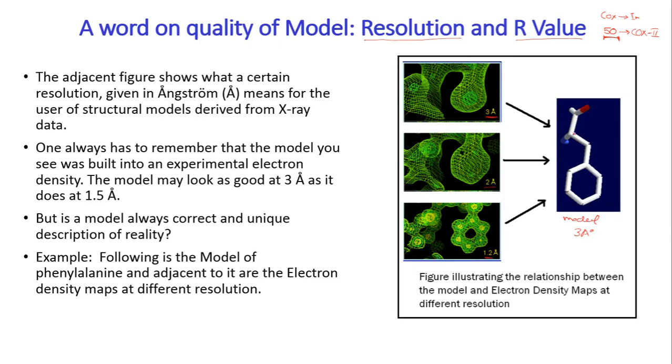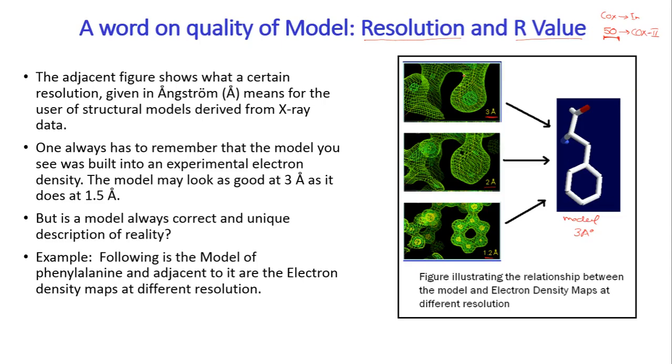Look, the model is the same, but this model has been created on different realities. The model created on the basis of a 3 Armstrong electron density map means this particular residue has been fitted into this electron density map.